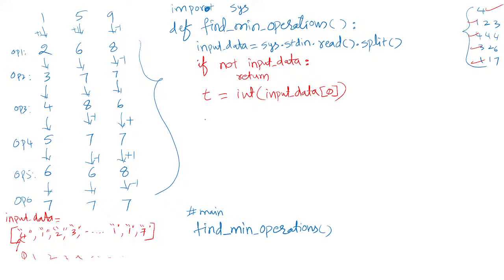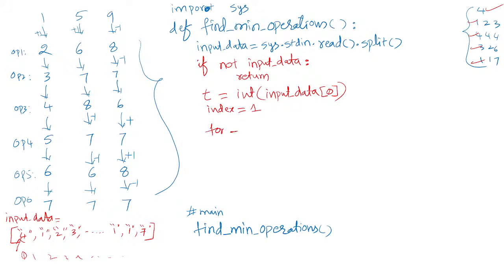So what we do is we read all this. I'm taking an index for the test case where it starts: the first test case starts at index 1. Then we need to read each test case, so we use a for loop.